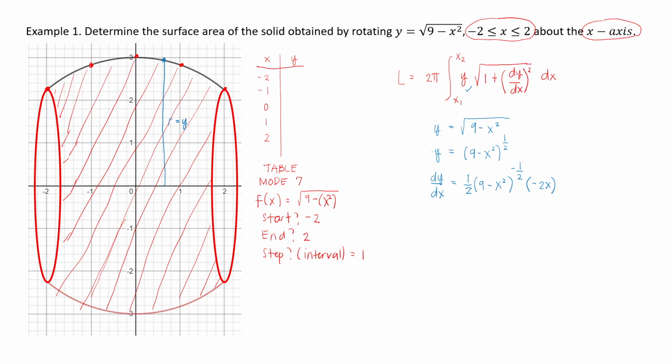Okay, so cancel out 2 here, cancel out another 2 here. Then what's left is dy over dx is equal to x all over the square root of 9 minus x squared.